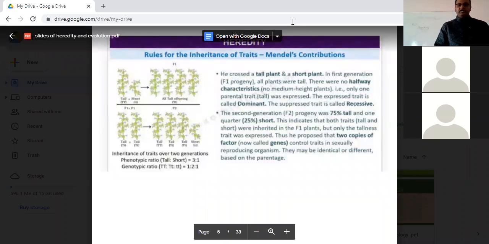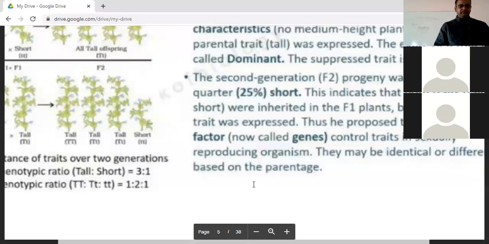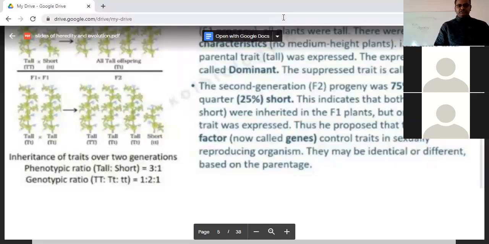Now all of you see the F2 generation. The offspring of the F1 generation were self-pollinated. So you can see here capital T small t is crossed with capital T small t.